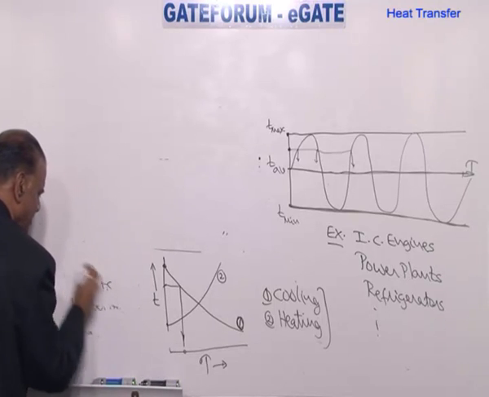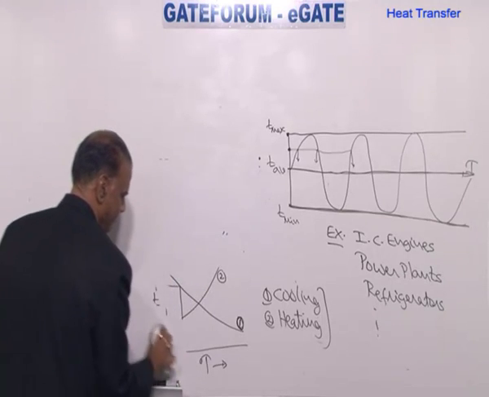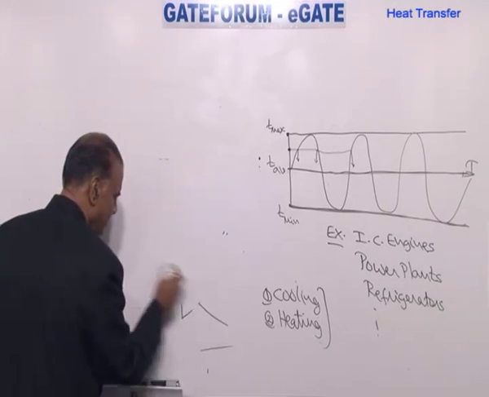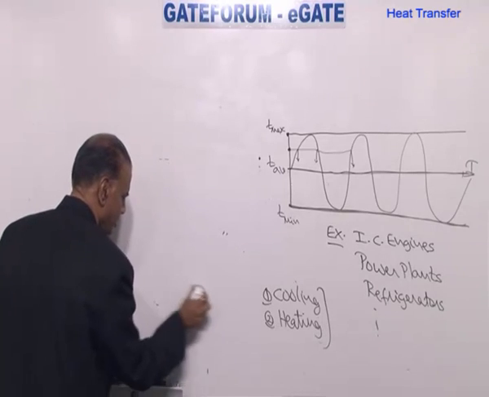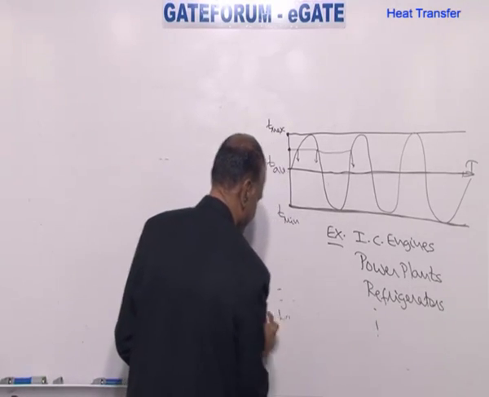When it's non-periodic, it is 100% unsteady. There is nothing certain between temperature and time. When it's periodic, there is something certain. That's why periodic systems are also called quasi-steady systems.